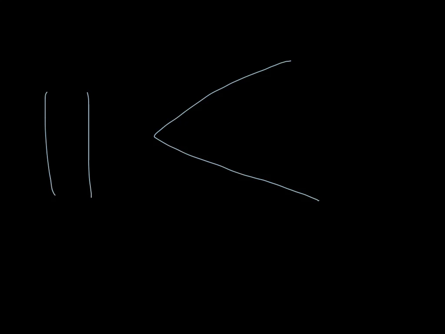When we read equations, we read them with whichever sign is pointed to or is on the left side. So if we have this sign right here, we would read that some number is less than some number.